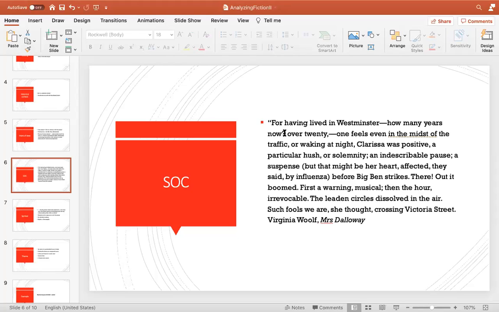But then suddenly, boom, there is that strike of the Big Ben Tower, creating ripple, creating that disturbance.